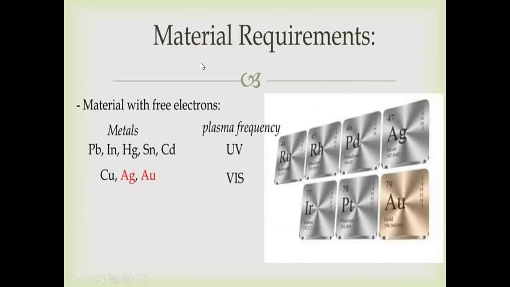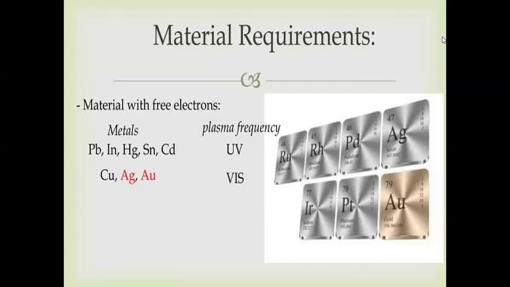The materials used for this kind of reaction are tungsten, sometimes lead, cadmium, copper, silver, gold, all of these are used. But there is a difference between the metals used here.